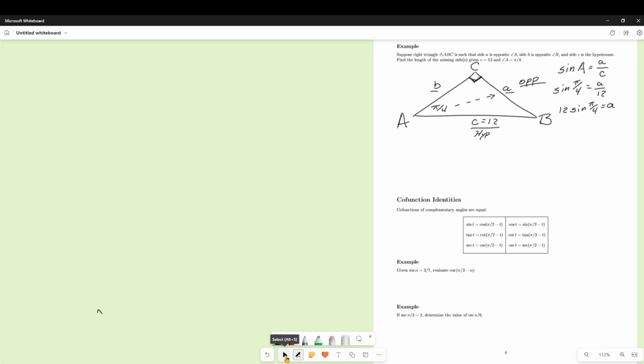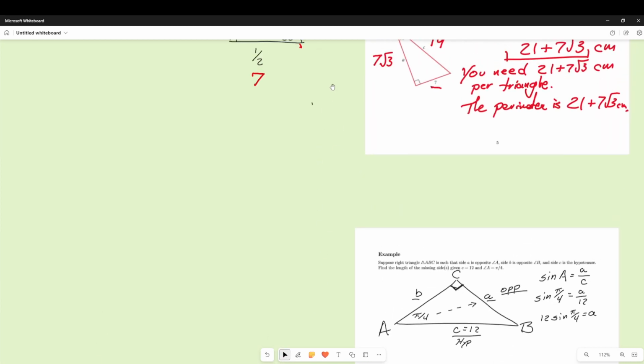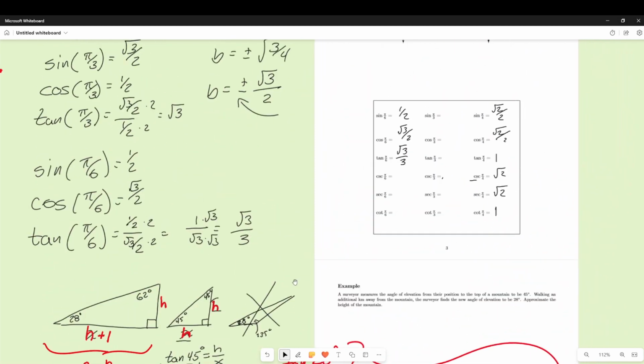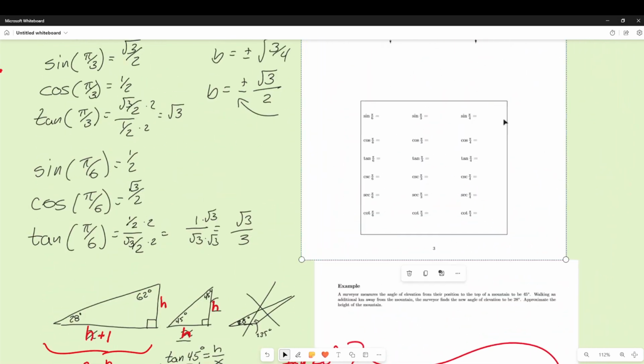Now if we back up to the stuff we did last time in section 1, we have to go back a bit of a ways. Remember our sine of pi over 4 and our cosine of pi over 4.